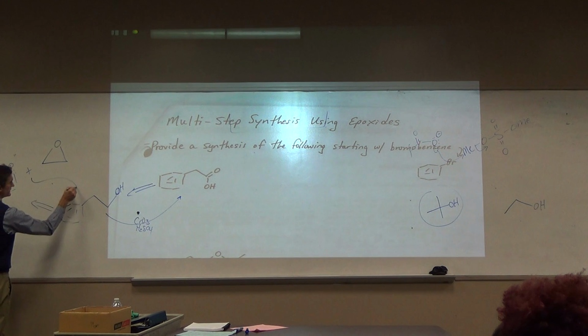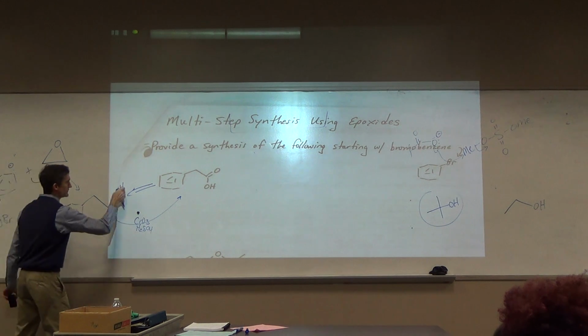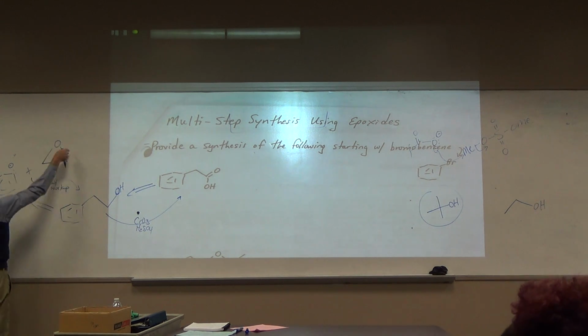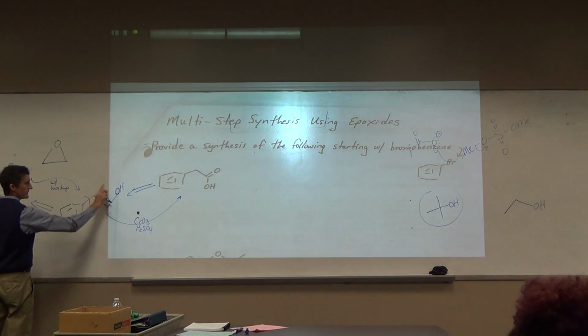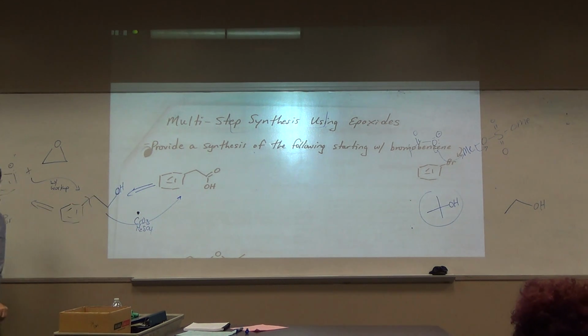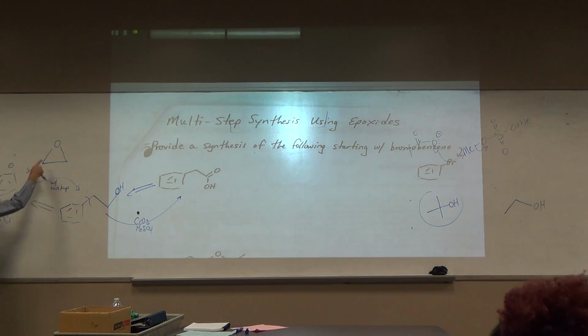Because these would react to give this with workup, because that's where the protons would come from. Attack here, kick that off. So we make that bond, kick off the oxygen anion. Workup supplies the proton. So basically we need phenylmagnesium bromide with this.